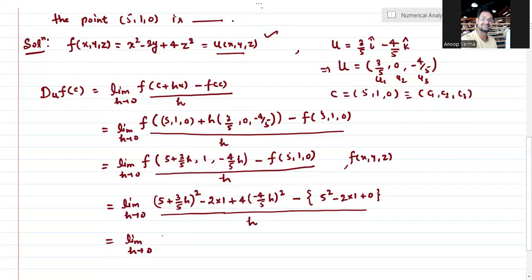So we have 25 and this is 9 upon 25 h square, and when you multiply you will get 6 h, and this is minus of 2, and you have here 64 upon 25, and this is h square, and here 25 minus 2 is 23, minus 20 divided by h.